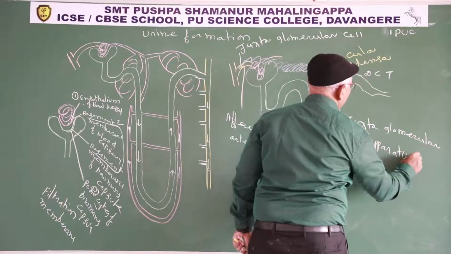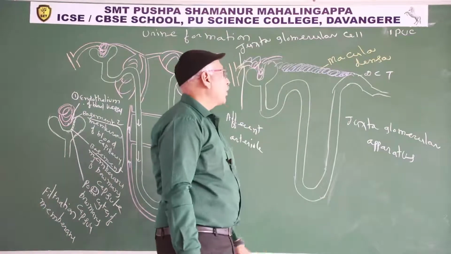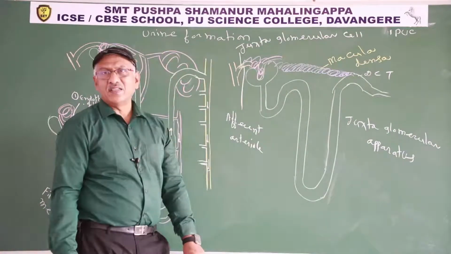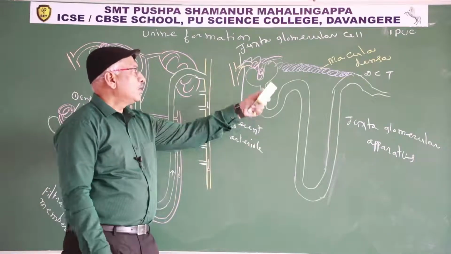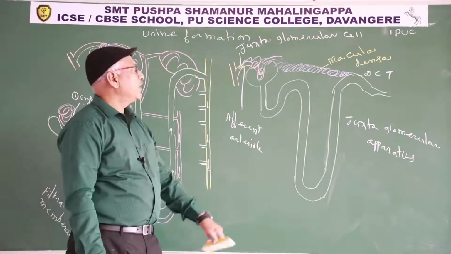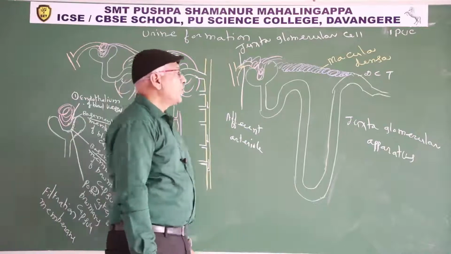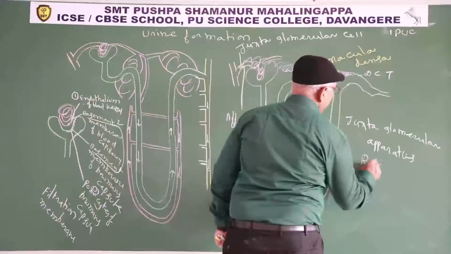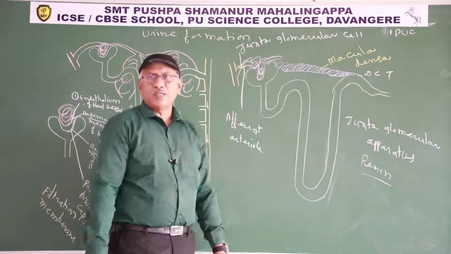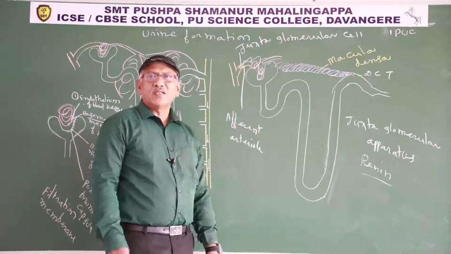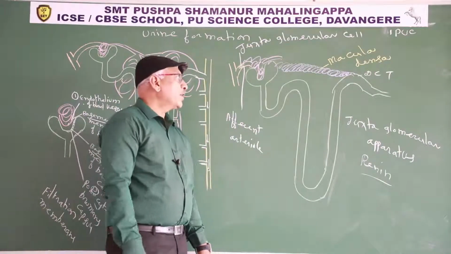So whenever blood pressure decreases in the afferent arteriole, the juxtaglomerular apparatus is activated, and the juxtaglomerular cells release renin enzyme, and this enzyme helps in increasing blood volume in the body. We discuss this while discussing regulation. You should know what is juxtaglomerular apparatus.